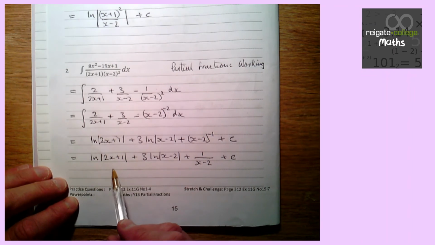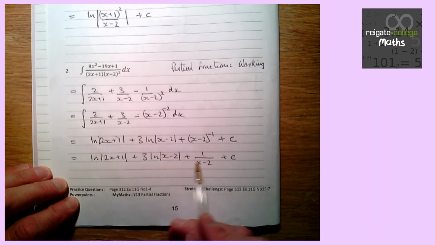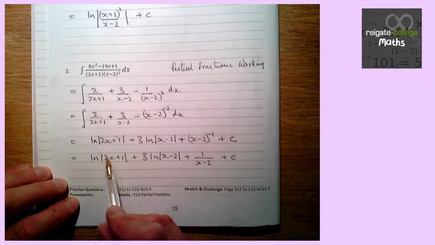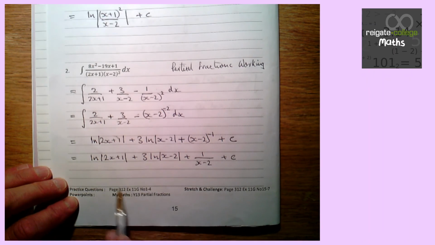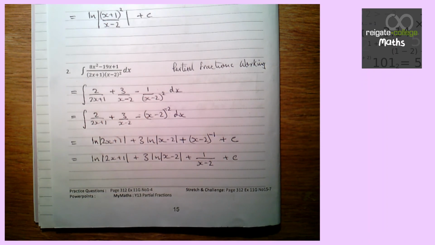Now often an exam question will have limits. You'll substitute in the limits, and the question might give you a specific form to put the answer in, so you're going to have to use laws of logs to rearrange it into that form. But that's enough on the specifics of the integration for the moment.